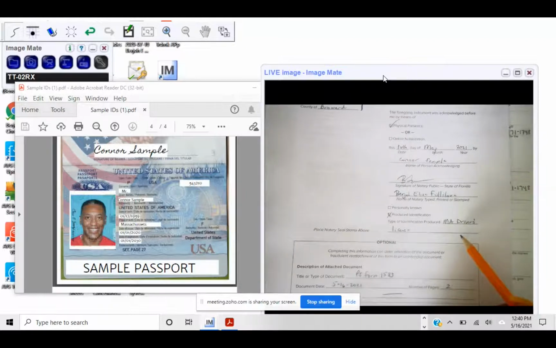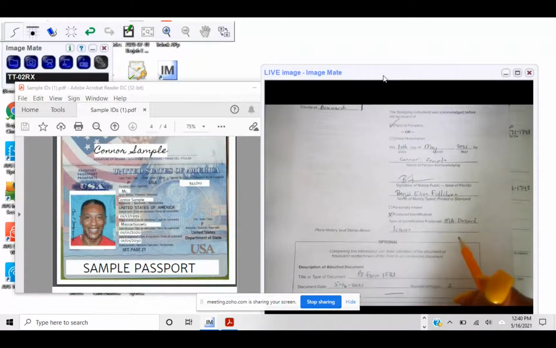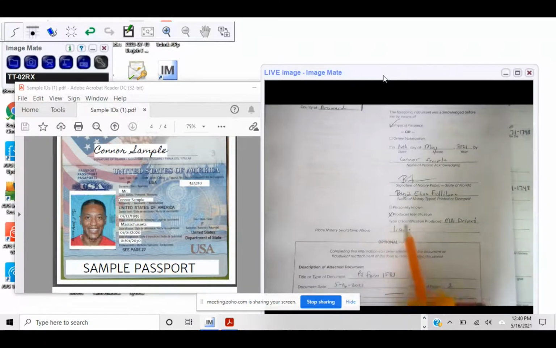Now I had someone tell me that someone told them that we're supposed to write the person's ID number here as well. No, we're not writing ID numbers on certificates, okay? We're just writing what type of identification was produced, because that's what it says. It doesn't say type of identification produced and an ID number. It only asks me for the type that he produced, and that's what I put.